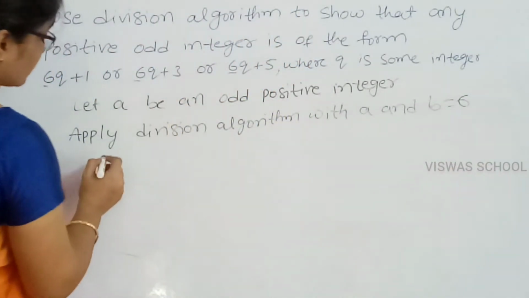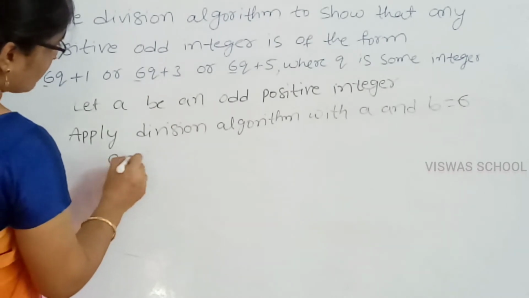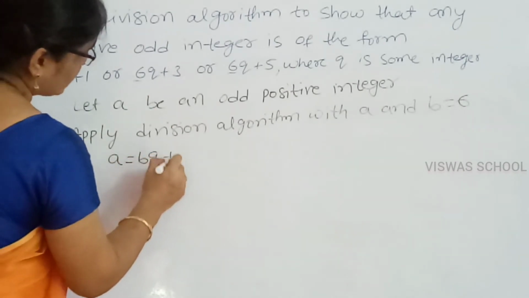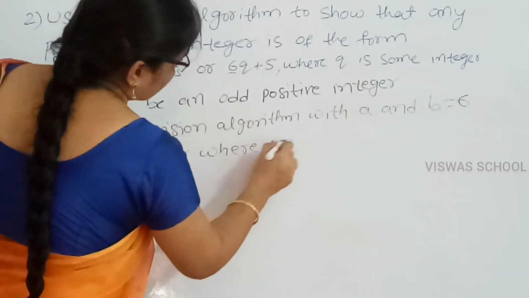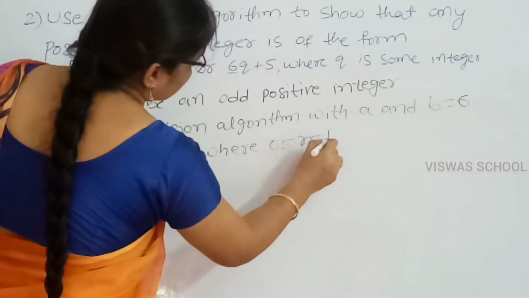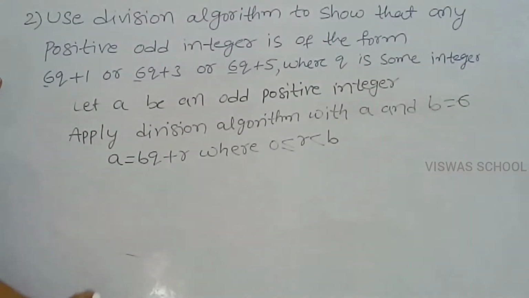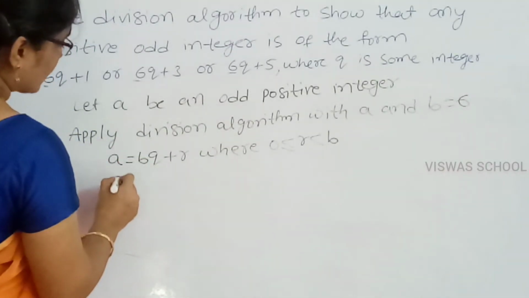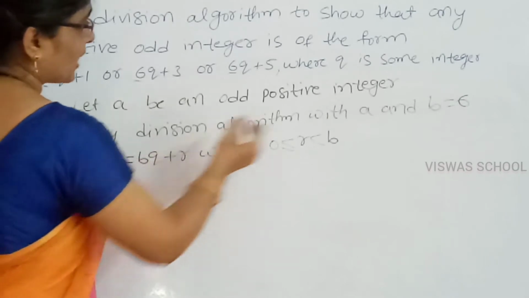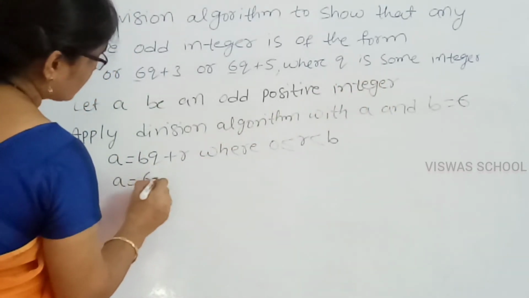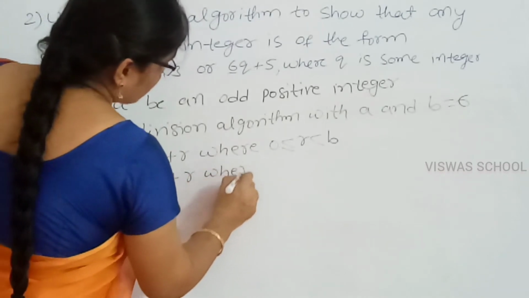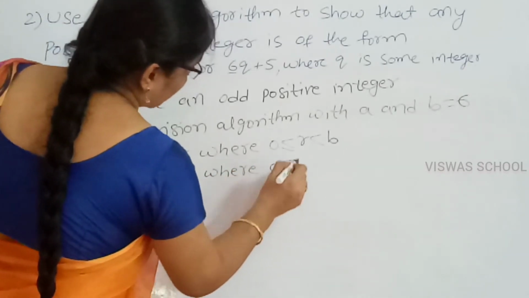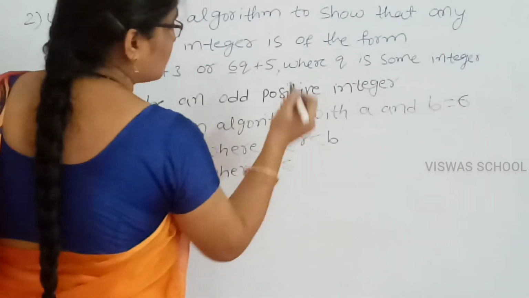Okay, what is our division algorithm? a equals bq plus r, where 0 is less than or equal to r is less than b. That is here a value is as it is, and b value is 6. That is 6q plus r, where 0 is less than or equal to r is less than b.